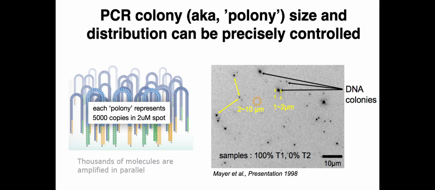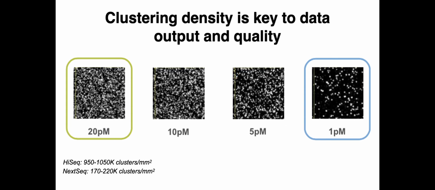Okay, and that idea of size and density of spots is really critical to understanding one of our key terms in sequencing, which is clustering density. It's a term you've probably heard before, and it exactly refers to what I just described, how close and how large these spots are. So we can see on this end of the spectrum, each of these white fluorescent spots is a polony.